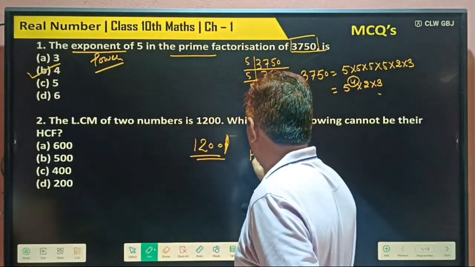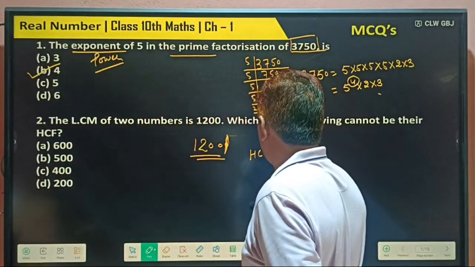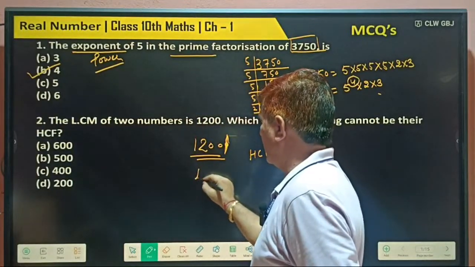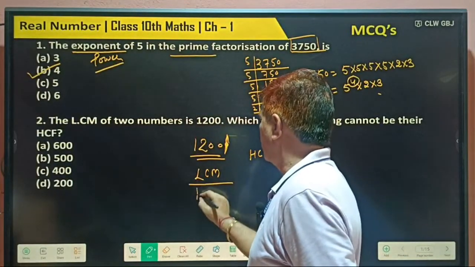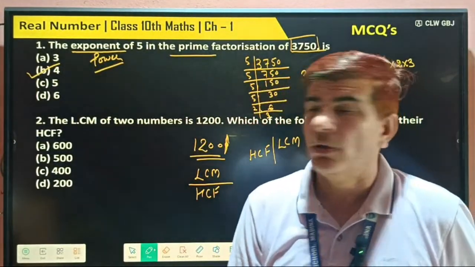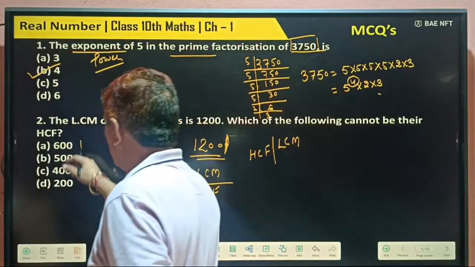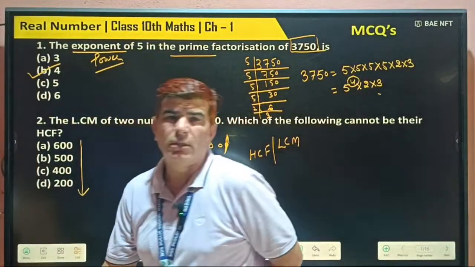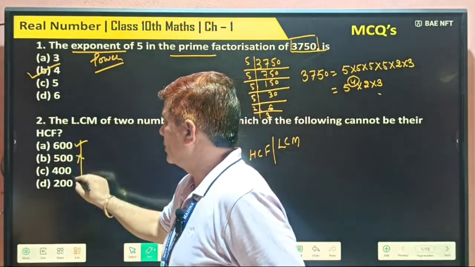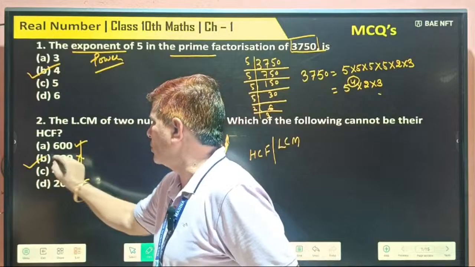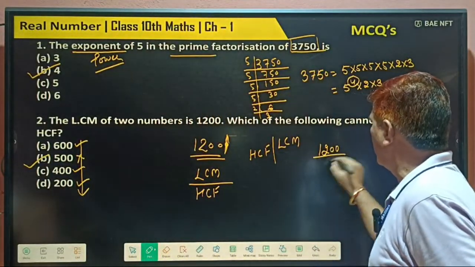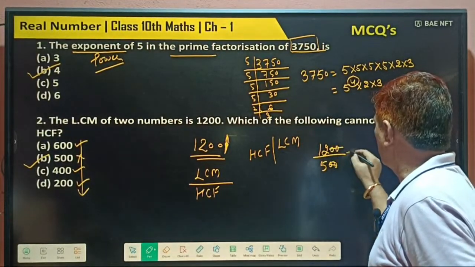The HCF always divides the LCM, or we can say the LCM is always divisible by the HCF. It means you have to find out which of these four numbers does not divide 1200. This divides, this does not divide, this divides, this divides. So which one is your answer? B. If you divide 1200 by 500, you get 12 by 5.